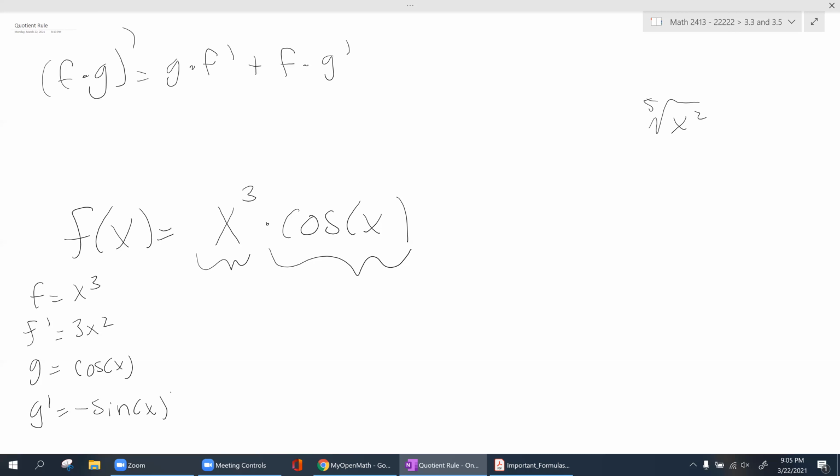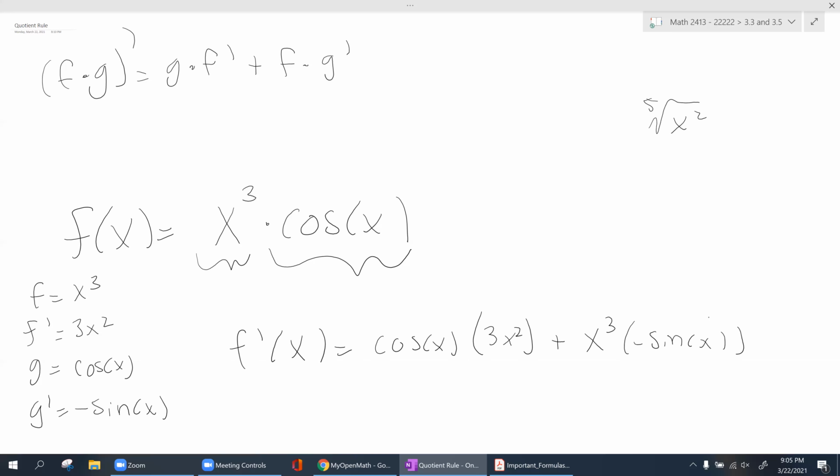Meaning whenever I plug this in all together to find the derivative of this function, this is going to be cosine of x times 3x squared plus x cubed times negative sine of x, right?